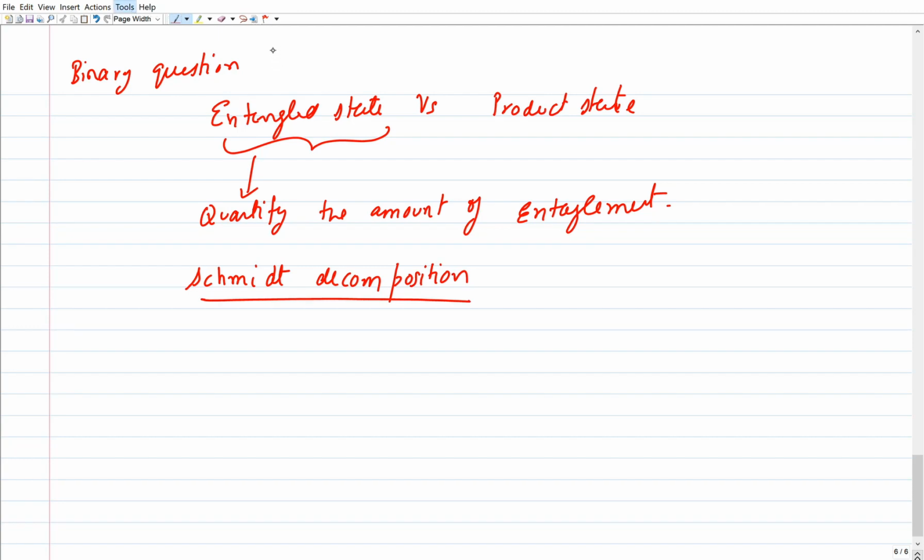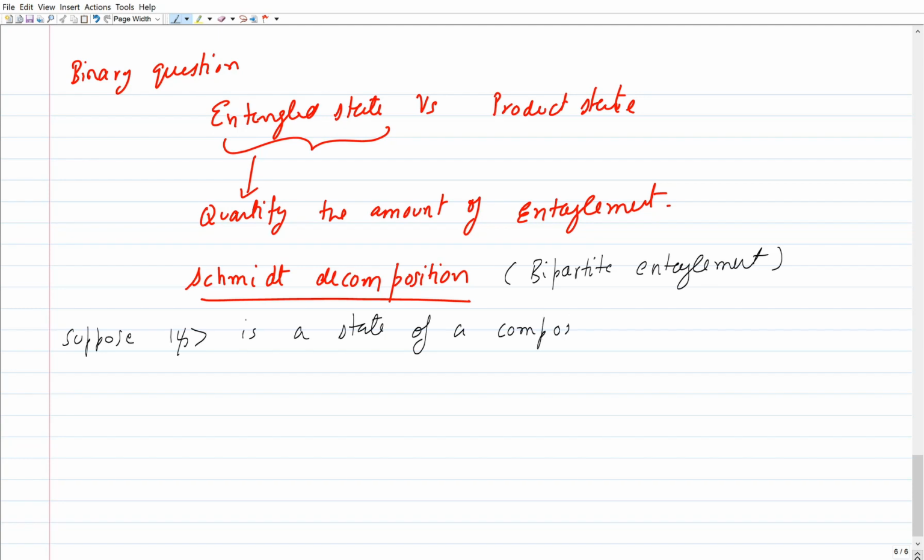So I'll first state this theorem, which states that suppose, so right now our focus is going to be bipartite entanglement, or in other words, entanglement of 2 parties. So suppose a state psi is a state of a composite system AB.